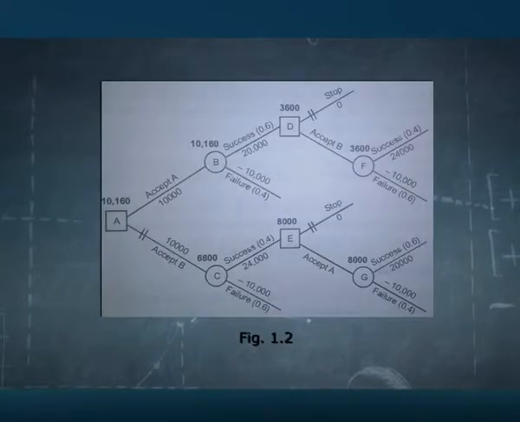The expected payoff of 10,160 is recorded over node A and a double dash is inserted to indicate the rejected branch, as shown in figure 1.2. Following the open paths from left to right in figure 1.2 yields the optimal strategy: accept investment A first. If A is unsuccessful, then accept B.